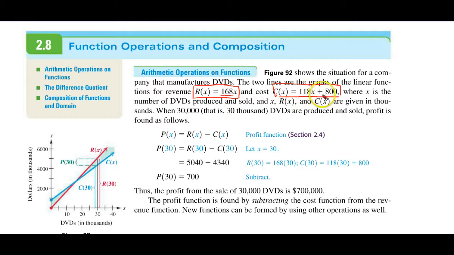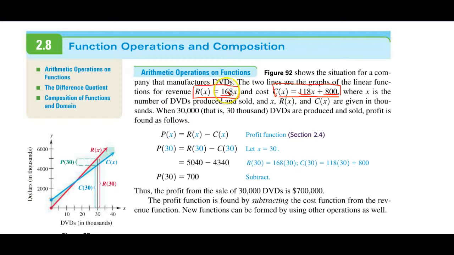And then manufacturing costs, fixed costs, are this. And to produce each DVD is $118. And again, that's the number that you're going to sell, or produce in this case. So this would be your cost function. This is your revenue function.